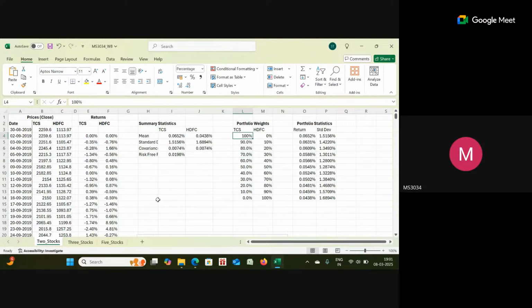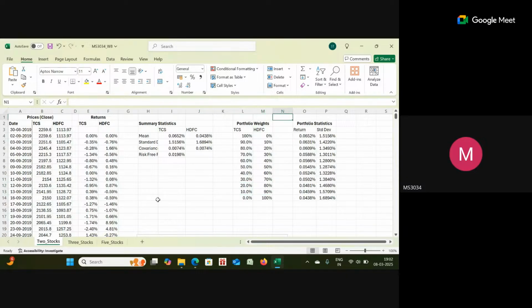Now we look at 10 or 12 different possible combinations of weights. For example, the first case is where you invest all of your wealth, 100%, in TCS and zero in HDFC, and we change these weights to 90, 80, and so on, giving 11 points.